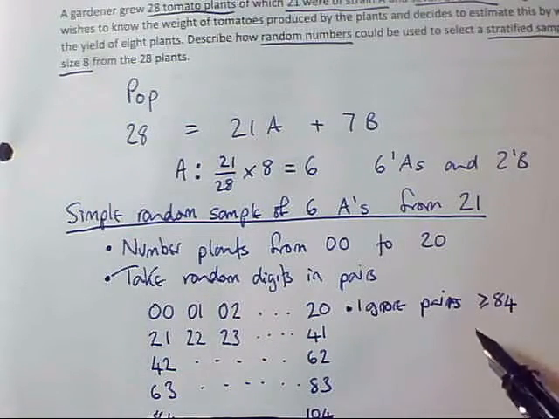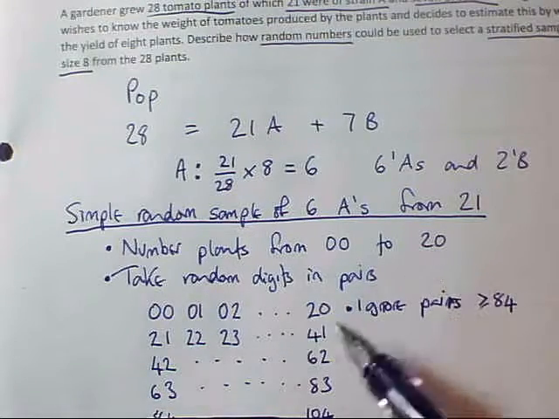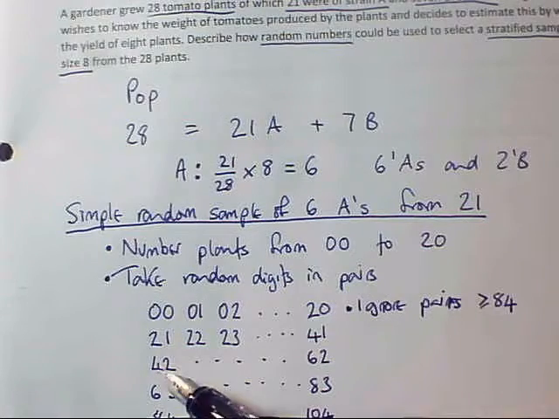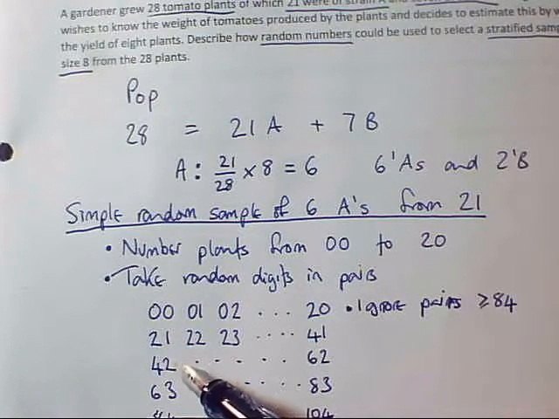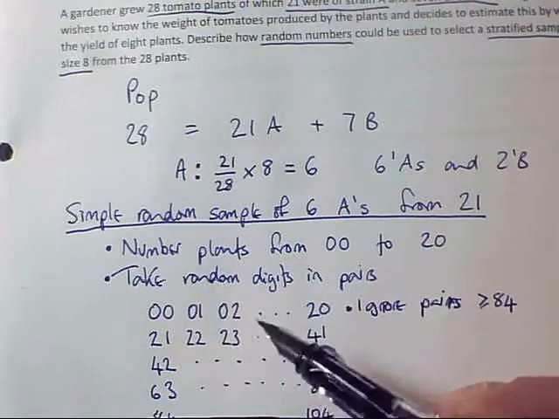So now I've got this number. Obviously if it's 0 to 20, then it's directly linked to the plant number. To change all the others, if we think about, say, 42, then that is the same as plant number 0, because what I'm doing is dividing by 21 and taking the remainder. You can check that will work for anything.